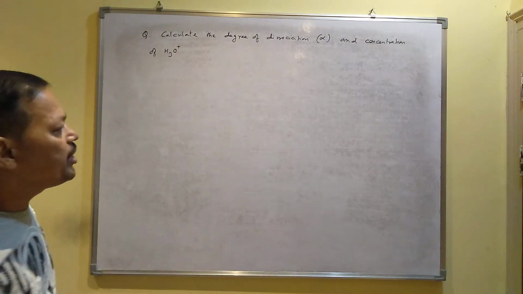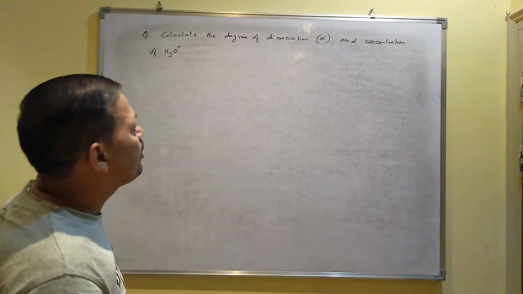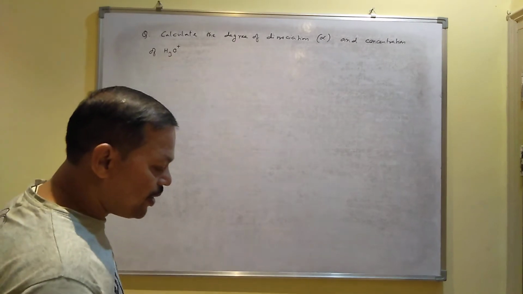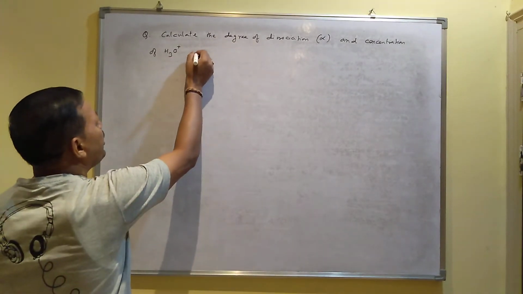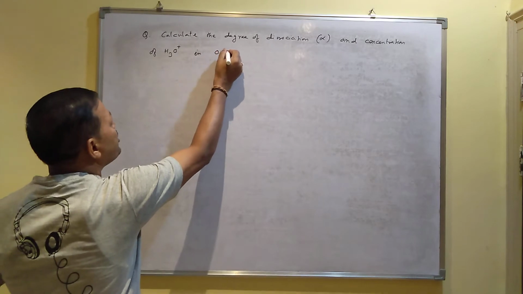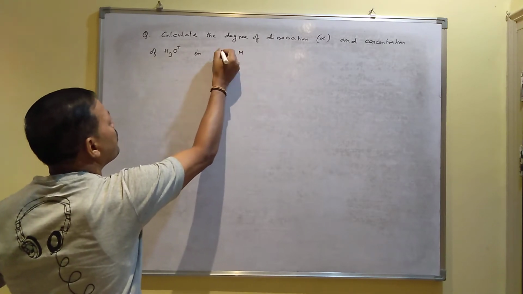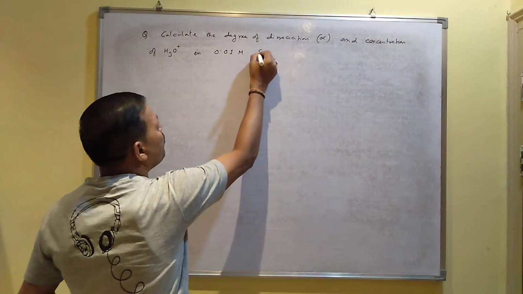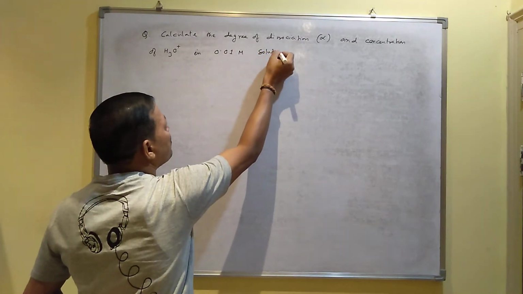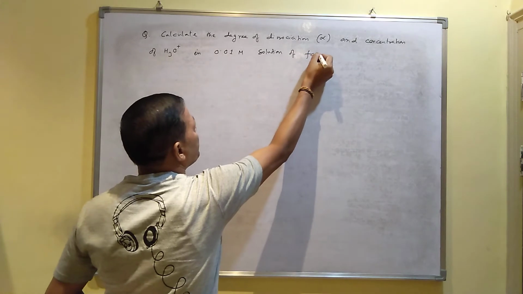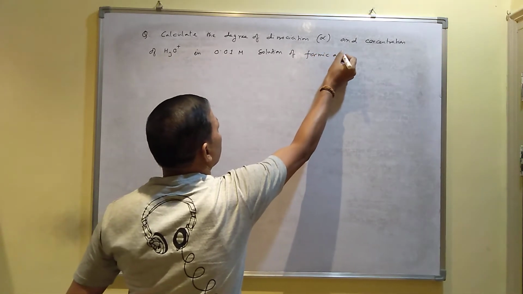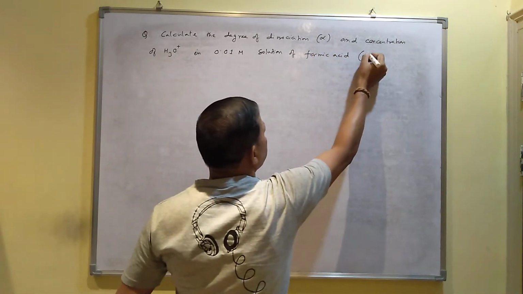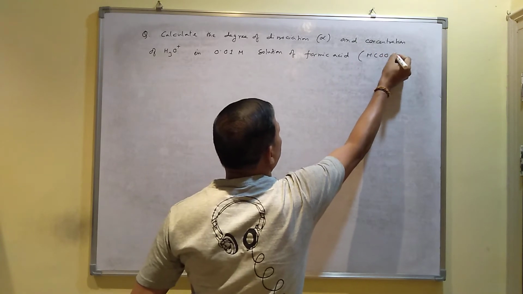The concentration of hydronium ion you can write inside square brackets also. Calculate these in a 0.01 molar solution of formic acid. Formic acid formula is HCOOH.